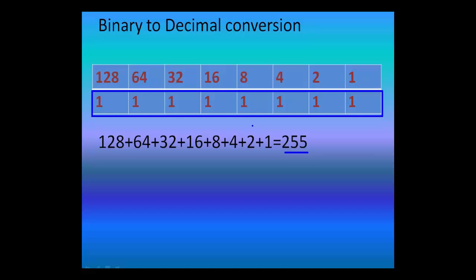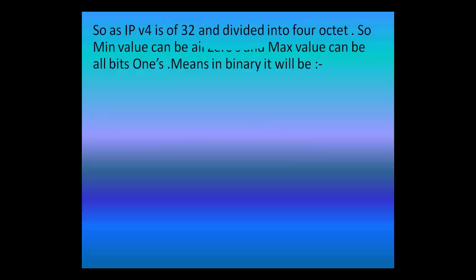One octet's maximum value can be up to 255. As I'm repeating, it's 32-bit and divided into 4 octets. So the minimum value can be 0 and the maximum can be 1.